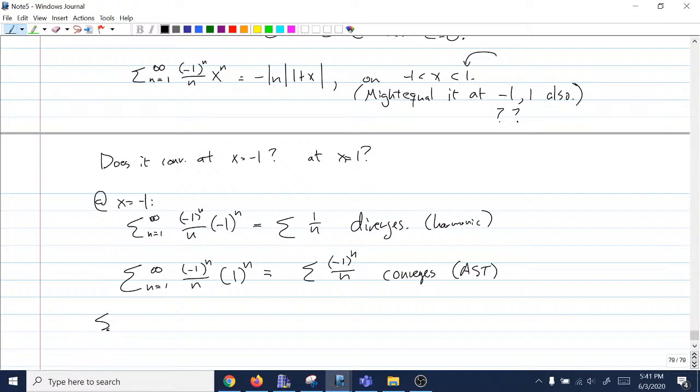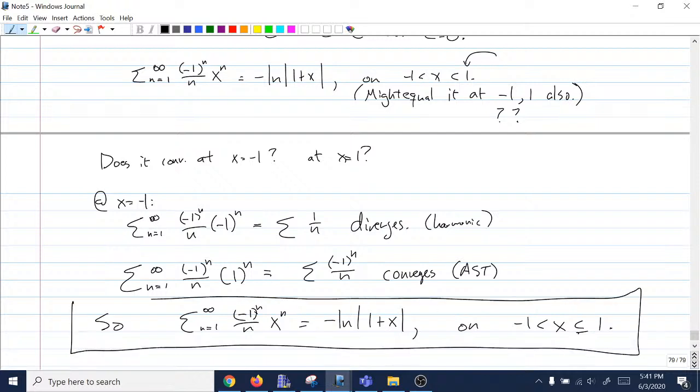So we can conclude the sum from n equals 1 to infinity of negative 1 to the n over n x to the n equals negative natural log absolute value 1 plus x, and this holds on negative 1 to 1. Don't include negative 1, do include positive 1.